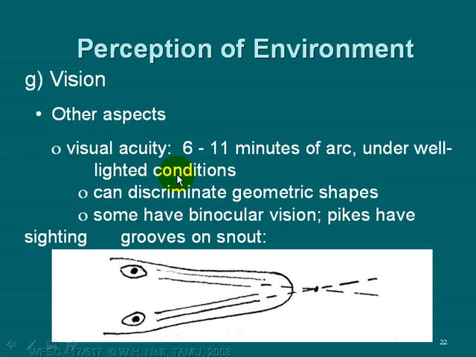Even to discriminate between a triangle with the apex pointing up versus that apex pointing down, which is pretty neat. I don't know if they can discriminate between 5-pointed stars and 6-pointed stars. Maybe.